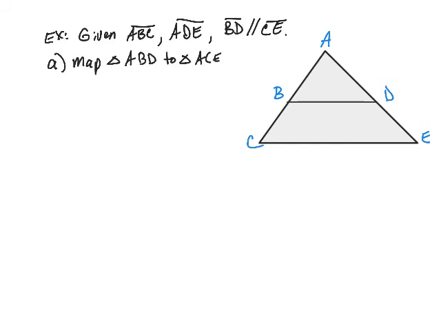All I need is a dilation because they share point A. And again, ABD is the beginning, ACE is the end. So we're going to dilate from A, and my scale factor could be CE over BD. It could also be AC over AB, any one of those.